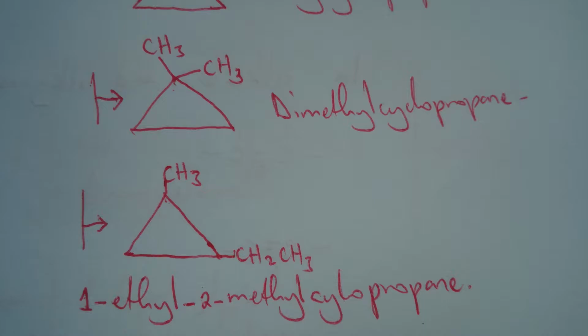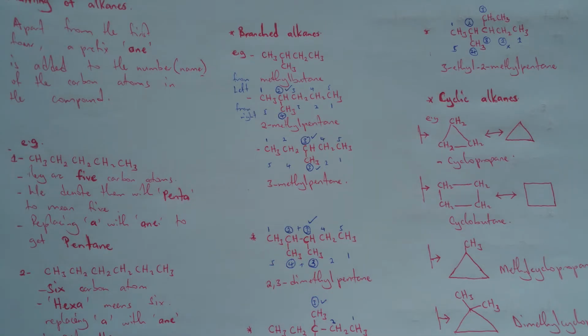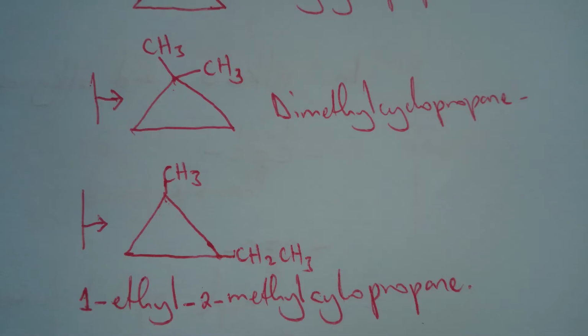For instance, E comes before M, so the ethyl group we shall consider to be on carbon number 1 for the cyclo compounds, and then the rest will follow in order from 1. So having an ethyl group here, we shall have it as 1-ethyl-2-methylcyclopropane. Are we okay with that? So that's how we name such a compound.